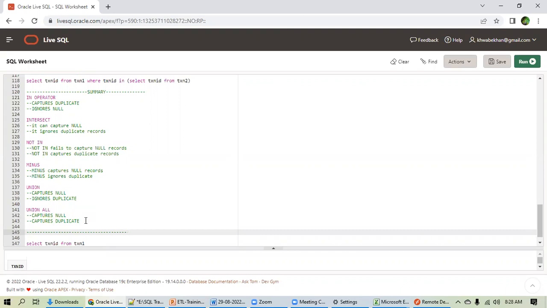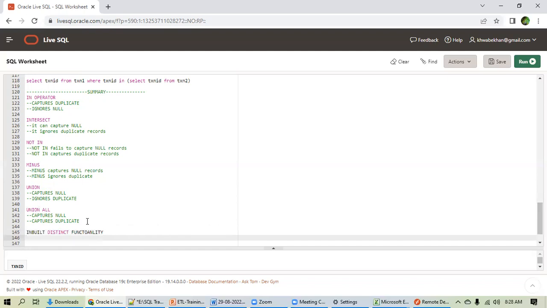Good. Only union has inbuilt distinct functionality. Anyone else? In operator? No, in captures duplicates. Minus operator, intersect operator, right? Yeah. Good. Very good.